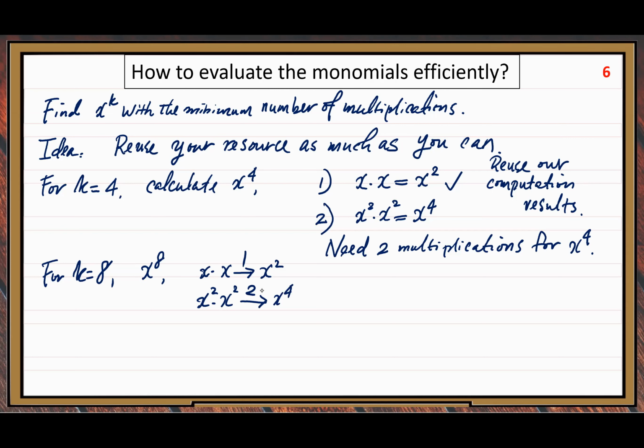Then x to the 4th times x to the 4th is another multiplication. So you can see 3 multiplications. That's the technique, so you can get it much faster.